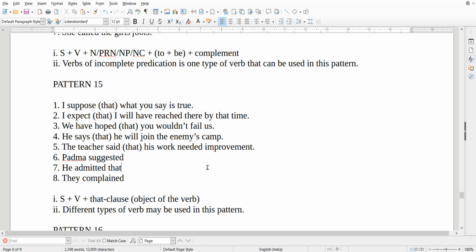Padma suggested that we should take the bus on route 66. That's a very advanced use of bus, but you can find it like that: bus on route number 66.